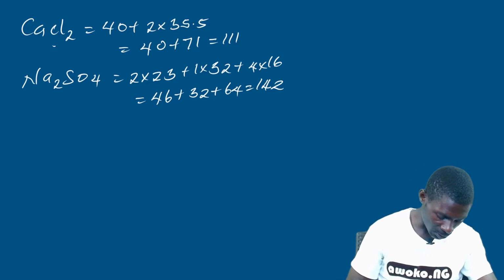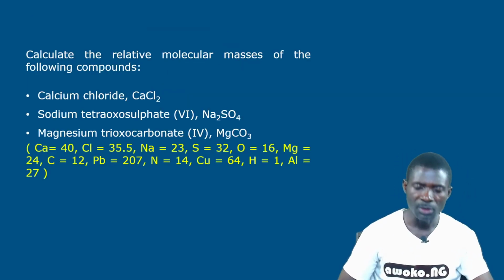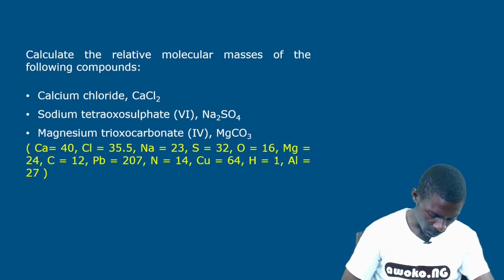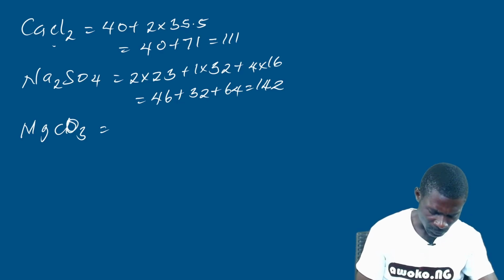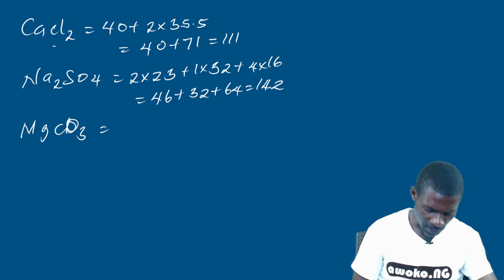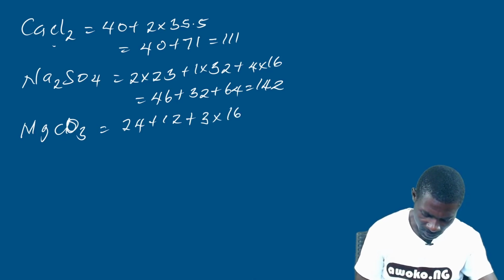Now let's take a look at the third question here. Magnesium trioxocarbonate 4. We can calculate the relative molecular mass of magnesium trioxocarbonate 4 by simply adding the mass of magnesium, which is 24, plus the mass of carbon, which is 12, plus 3 multiplied by 16.